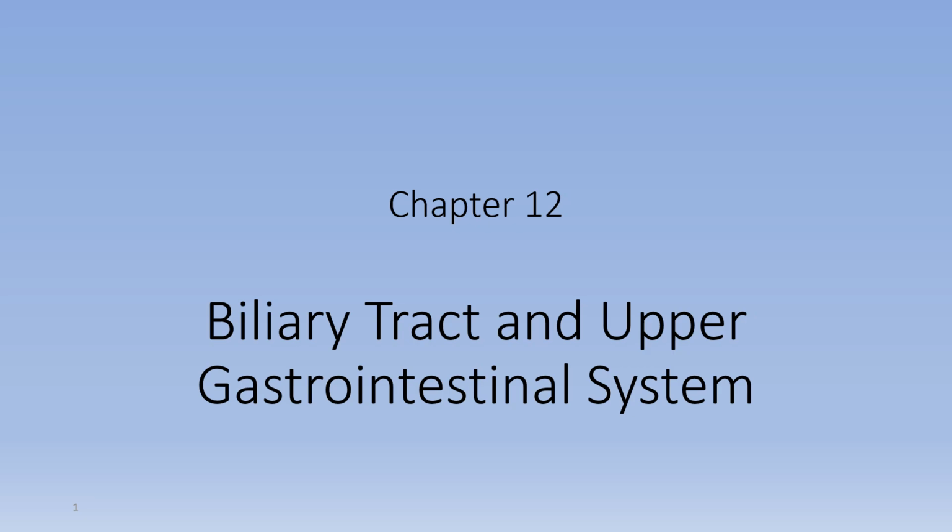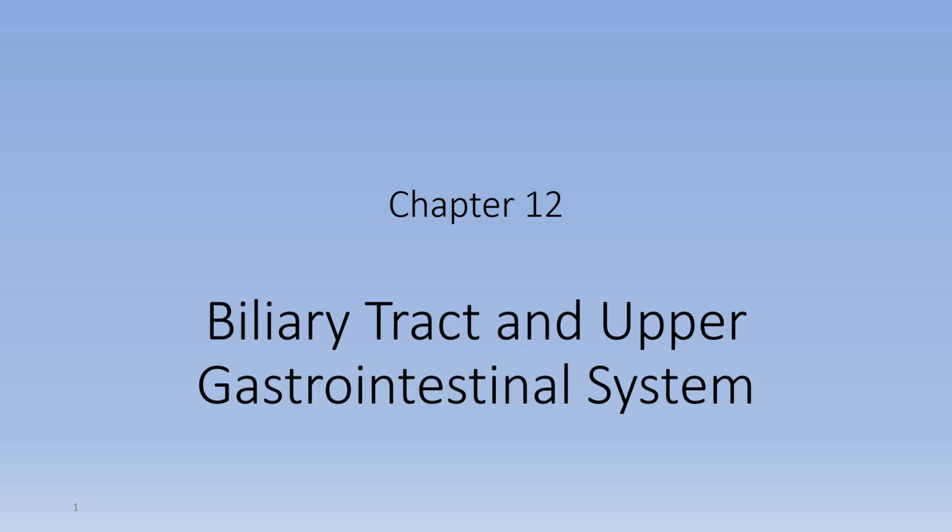Well, good afternoon, and this is Chapter 12, the beginning portion of the 11th edition of the textbook of radiographic positioning and related anatomy. This chapter is actually going to be broken up into several lectures because it is so long.